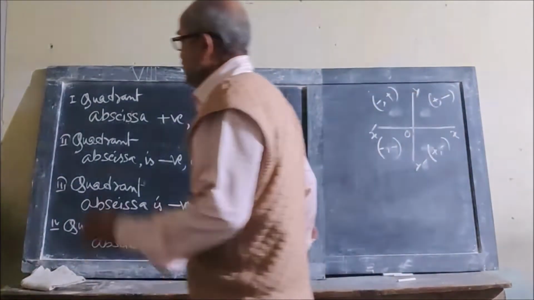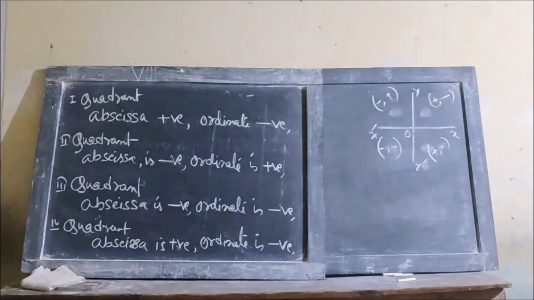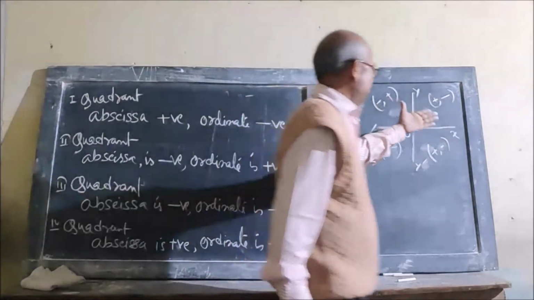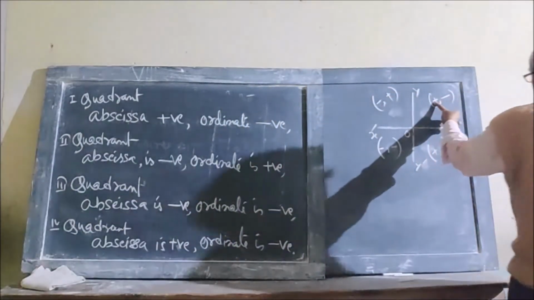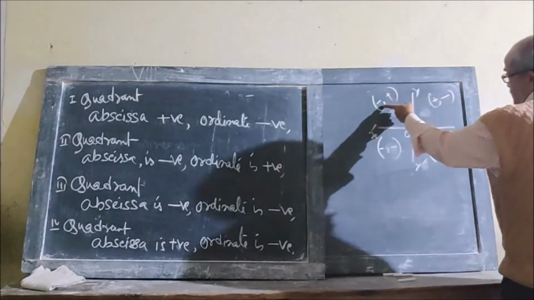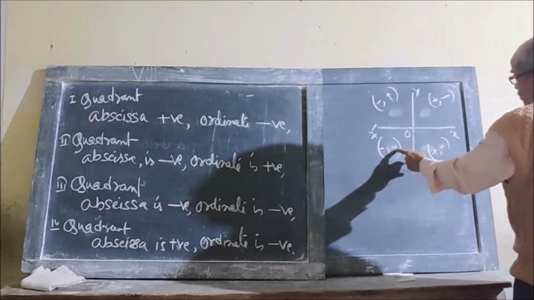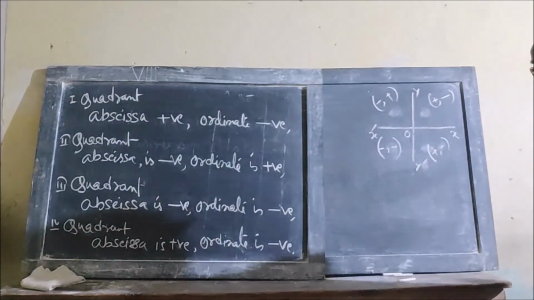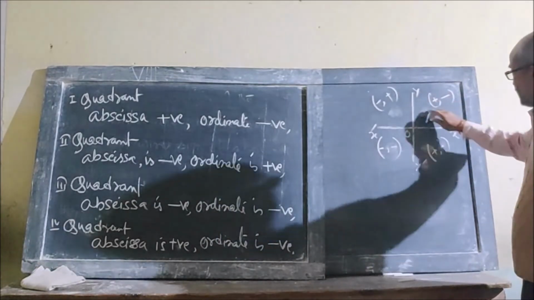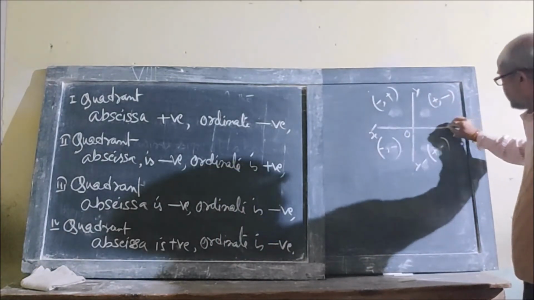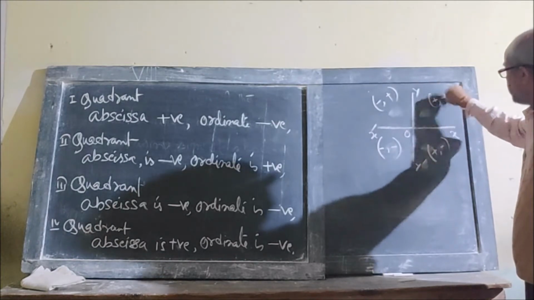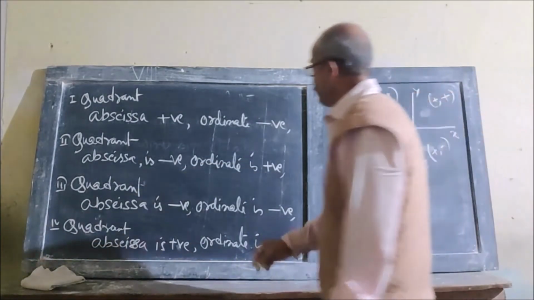So that means each quadrant has one abscissa and one ordinate. And according to the figure, in the first quadrant, x has a positive sign and y is also positive.